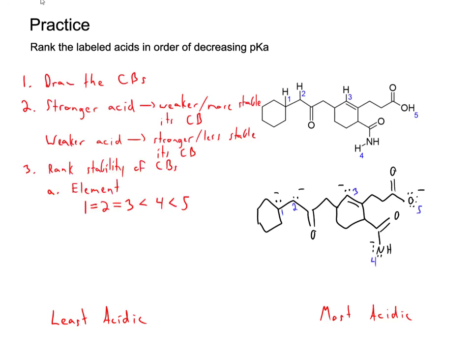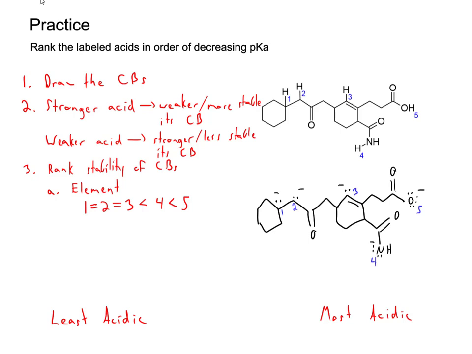For element effects, again, we're looking at the atom that the negative charge is directly found upon. For this step, we're going to make sure we don't have any confounding variables, so we're just looking at element effects in isolation. Since the lone pairs for 1, 2, and 3 are all found on carbons, we're going to say that those are equal to each other with element effects.